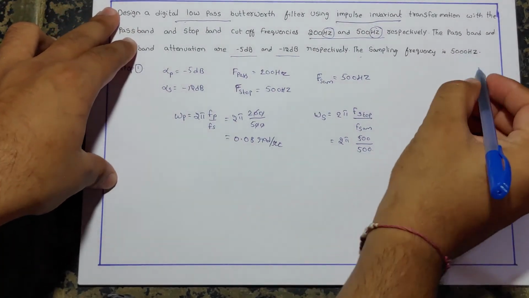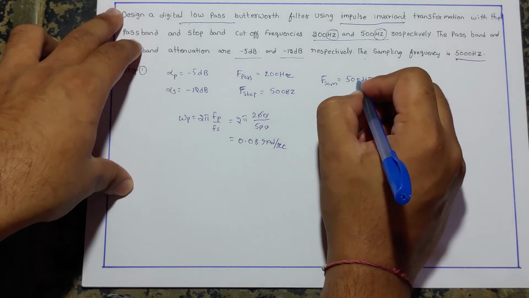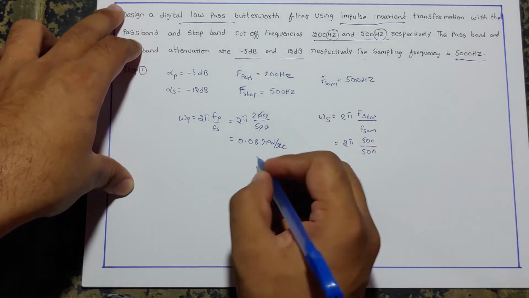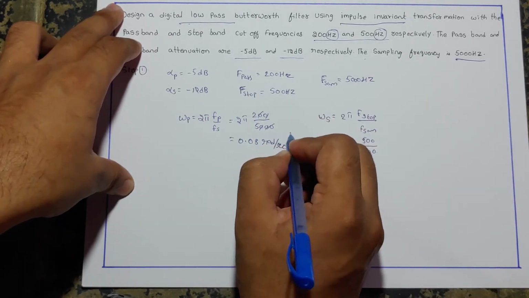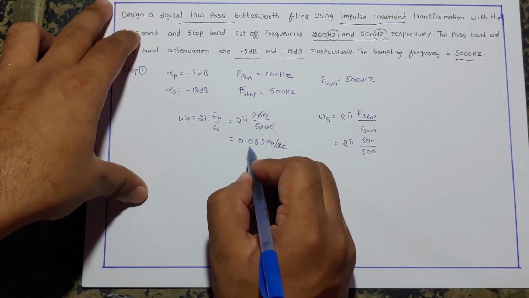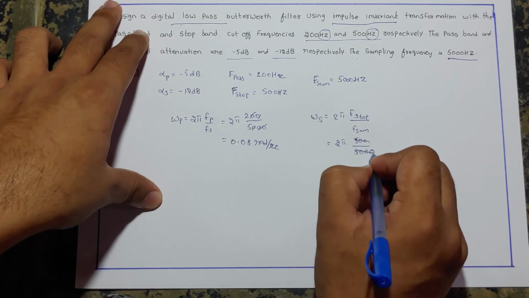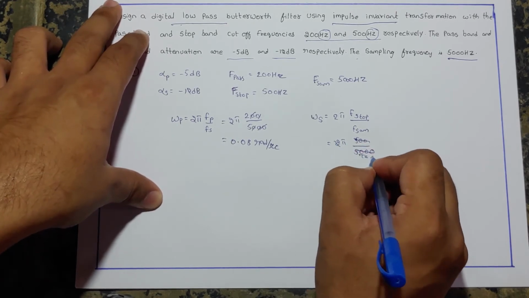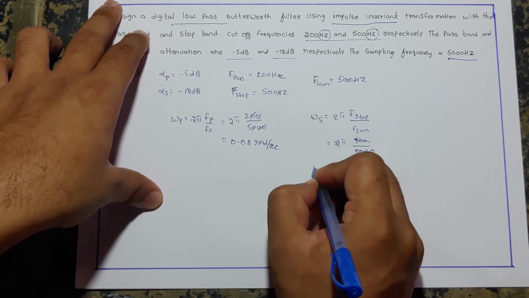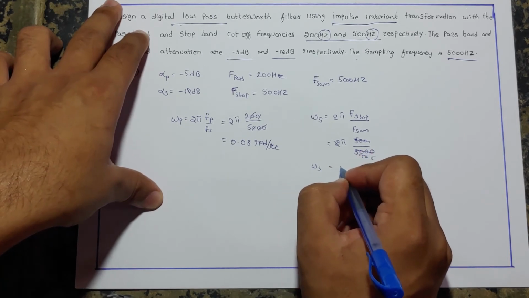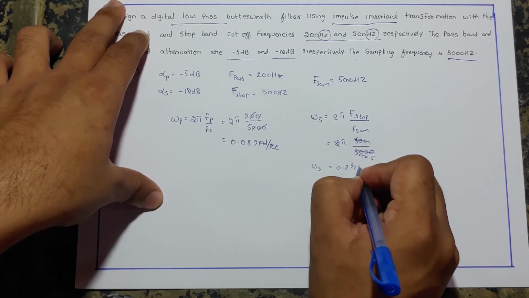Sorry guys, make sure that here it is 5000 hertz, and here 5000, by which you will end up with 0.08, and here it is 5000, 10 times to 5, pi by 5, which is 0.2. Stop band frequency is equal to 0.2 radians per second.